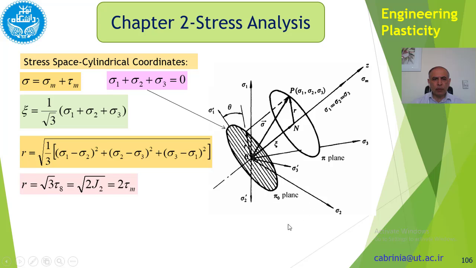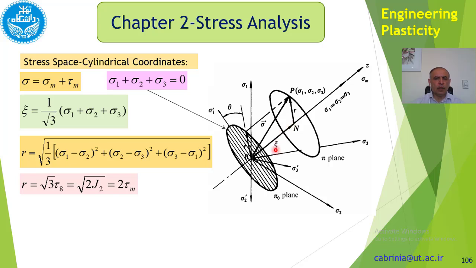I just went back to chapter 2 to show this deviatoric stress to visualize what we mean. You see, this is the state of stress, that's point P, sigma 1, sigma 2, sigma 3. Now ON is the hydrostatic pressure or hydrostatic component of the stress.